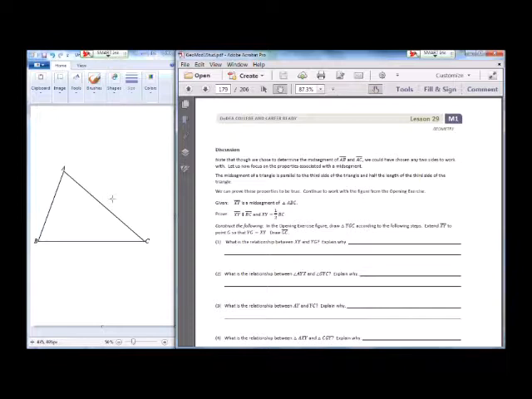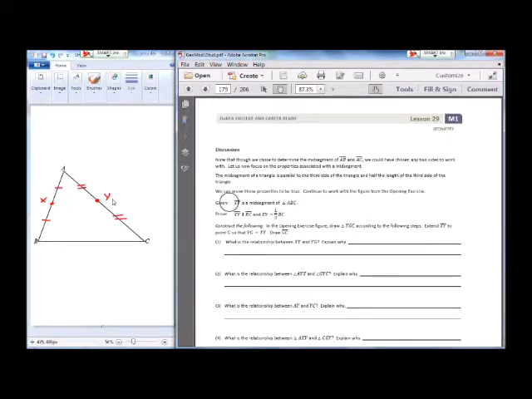This proof starts off with a given. We're given that segment XY is a midsegment of triangle ABC. So I will draw in the midpoint of AB and call that midpoint X. I will draw in the midpoint for segment AC and call that point Y.